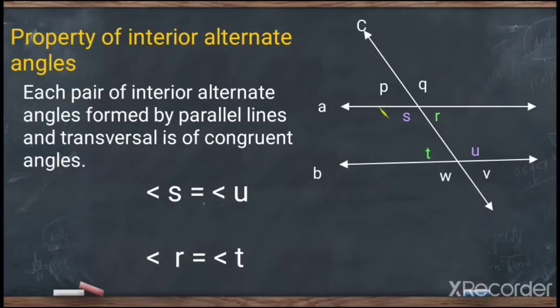So you can say angle S and angle U are also congruent because you can substitute angle U for angle Q. Angle Q and S are opposite angles, both are congruent. Therefore, angle S and angle U are also congruent. Similarly, angle R and angle T. Again, these two interior alternate angles are congruent.